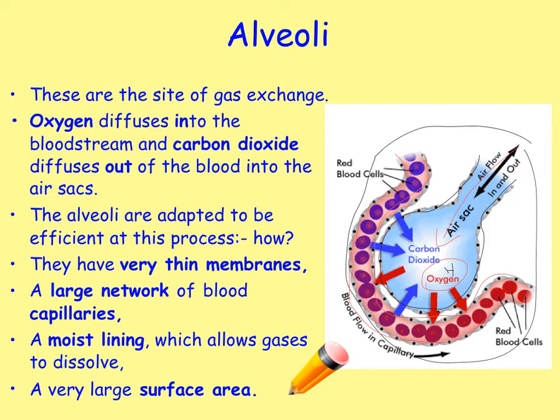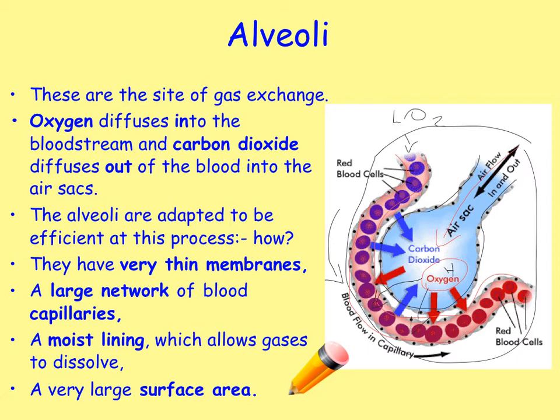As the blood is flowing in this direction past the alveoli, that blood is low in oxygen, so I'll put low O2 over here, because it's come from the cells in the body. Because there's a low oxygen level in these red blood cells, the oxygen inside the alveoli will diffuse across into the red blood cells. Remember, diffusion is the movement of substances from a high concentration to a low concentration through a selectively permeable membrane.